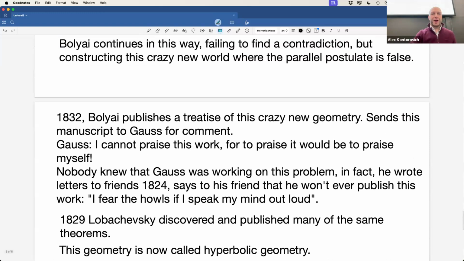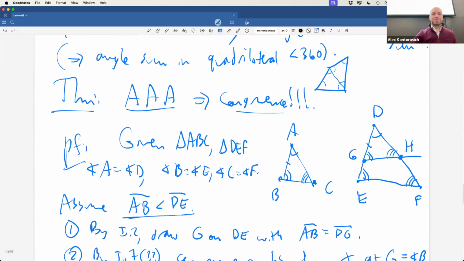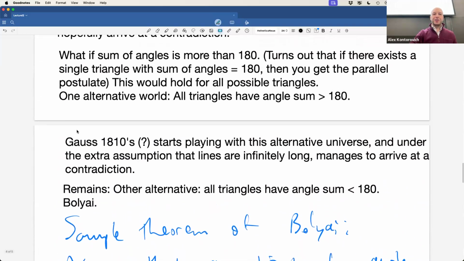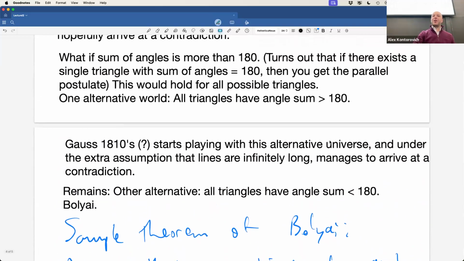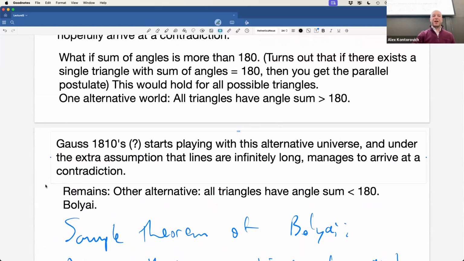Yeah, so if we look back here, I said Gauss starts playing around with this alternate universe. And the alternative world that he first considers is that some of the angles is more than 180. And he says, well, implicitly, there's this assumption that lines have to be infinitely long, and he arrives at a contradiction if the sum of the angles is more than 180.